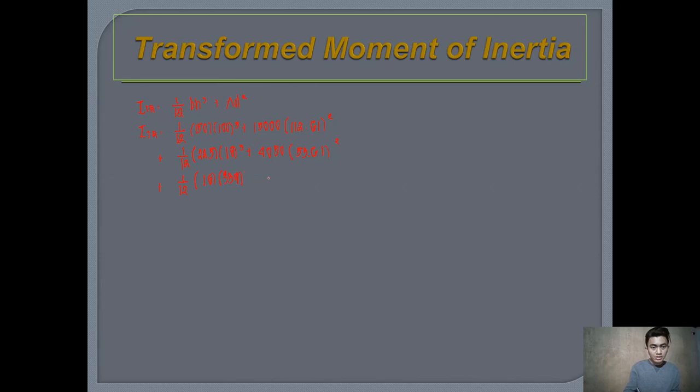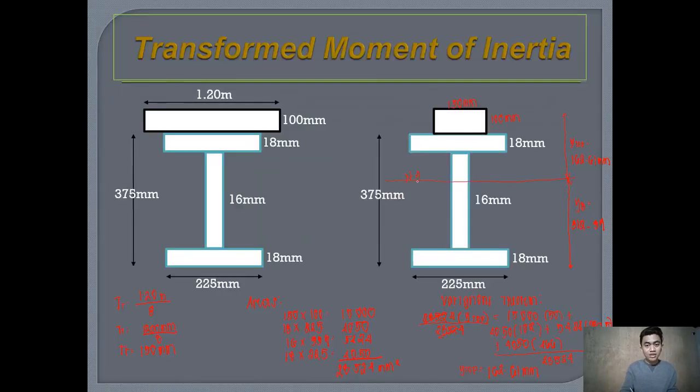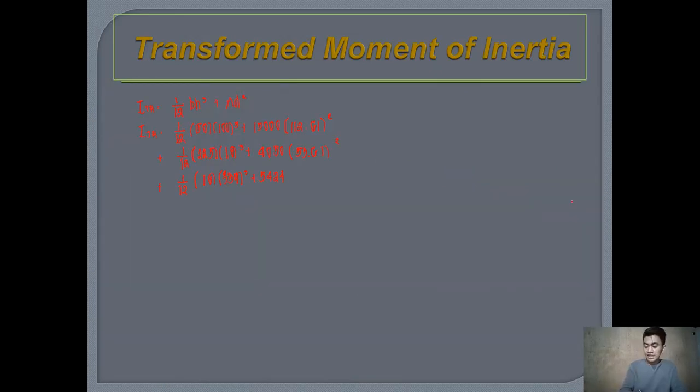339 cube plus the area, which is equal to 5,424, and then its distance from the neutral axis, that is now equal to 124.89. So we have here 5424, multiply this by 124.89 squared.